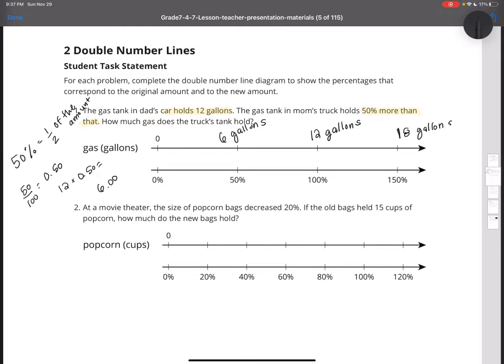And here is why. Because each increment of 50% represents 6 gallons. So if it's increasing by 50%, that means it's increasing by 6, correct? So from 100%, plus 6, it'll be 18 gallons, okay?